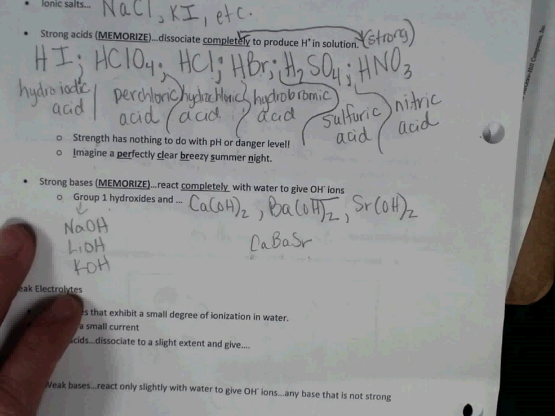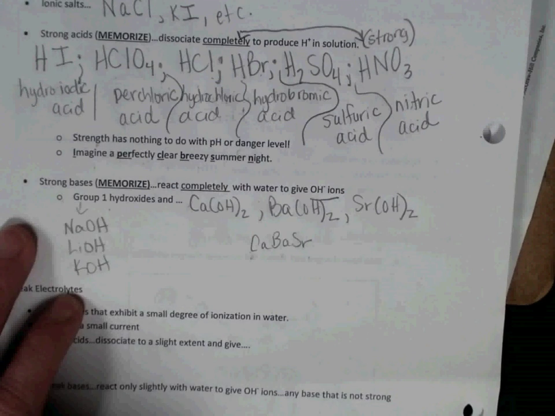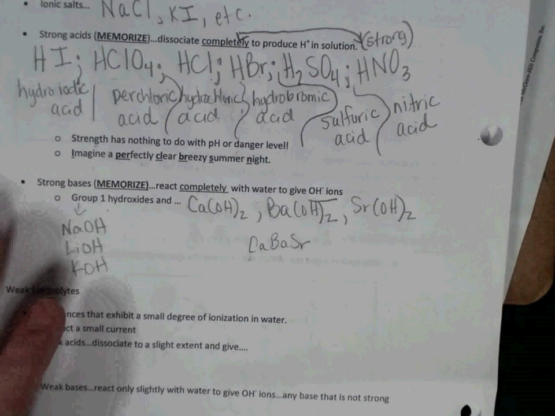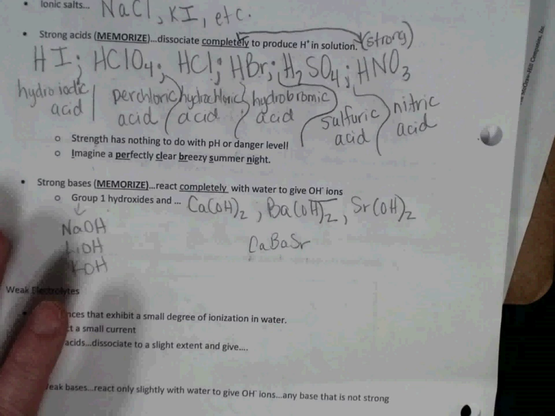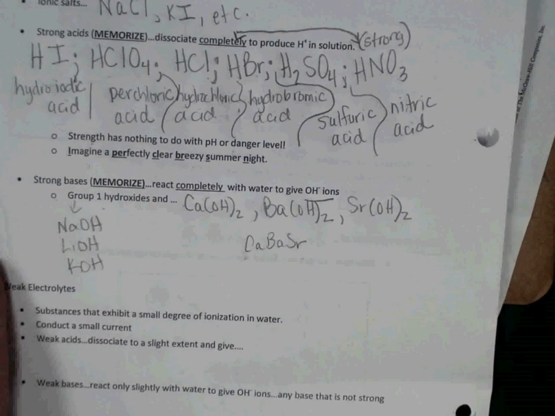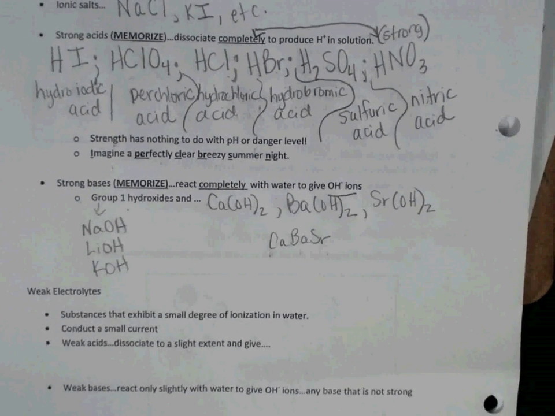Calcium, barium, strontium. Every other kind of base is weak. Okay? We have a little ticket out the door one day coming up soon where I list some acids and some bases, and you have to tell me if they're strong or weak. Not today, but you can start studying so you can do that.